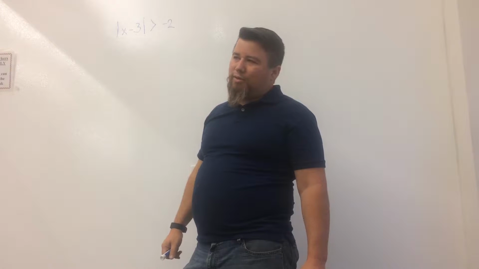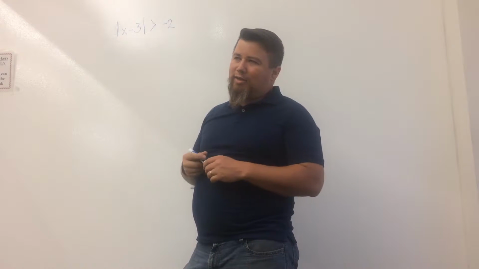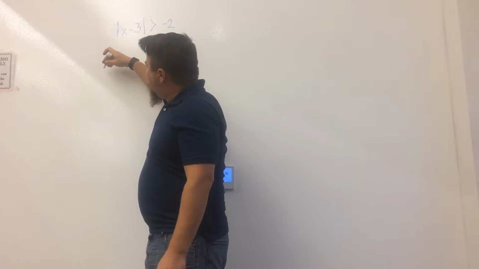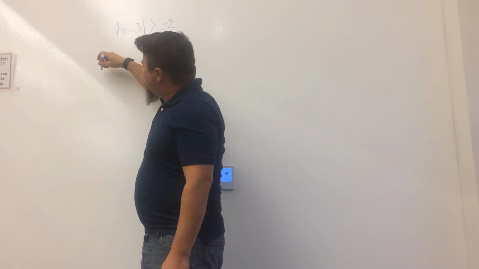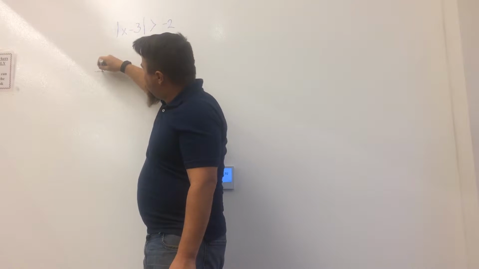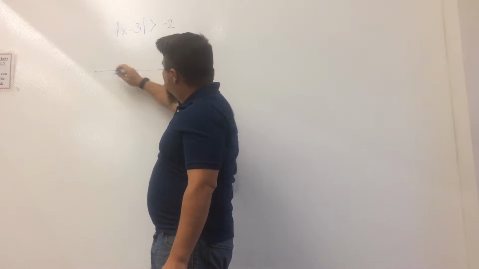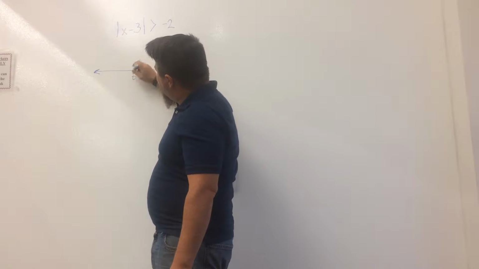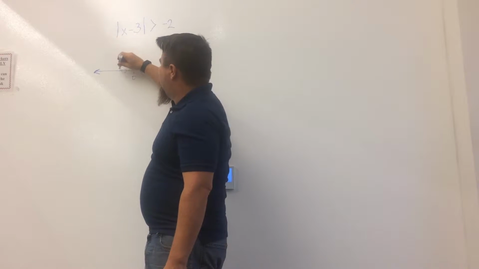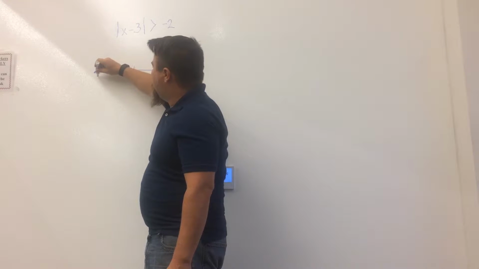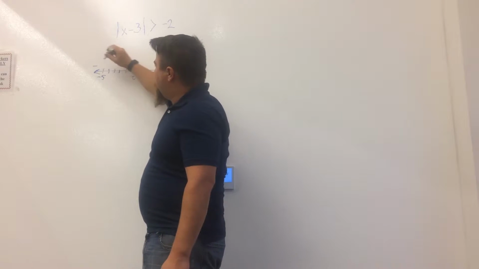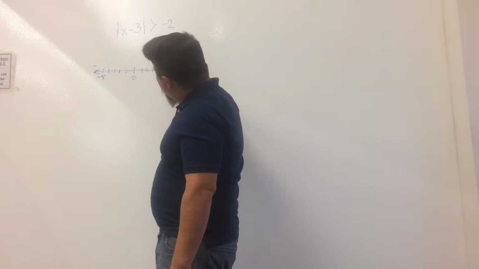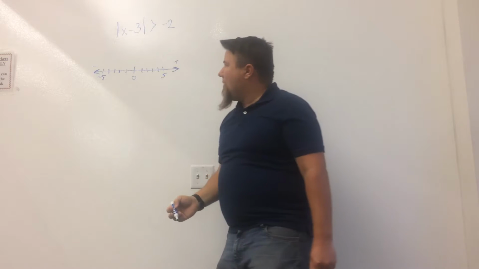Okay, so if you were to plot that on a number line, you would have a number line that goes in both directions, and you get, let's say, 0 in the middle, and then 1, 2, 3, 4, 5, negative 5, because this is the negative side and this is the positive side. 1, 2, 3, 4, 5, positive.